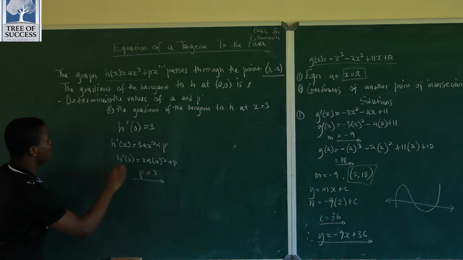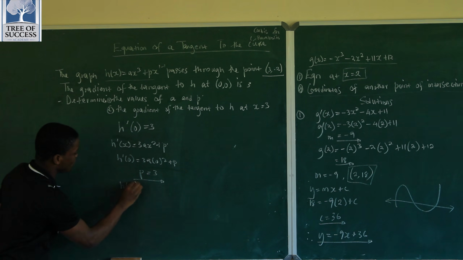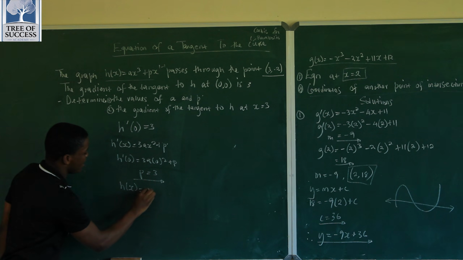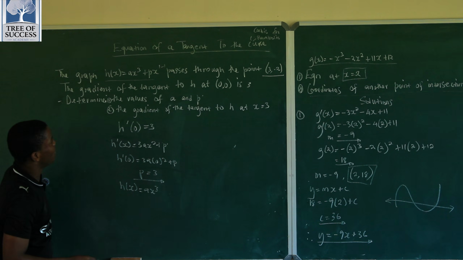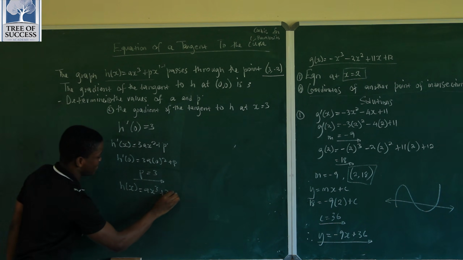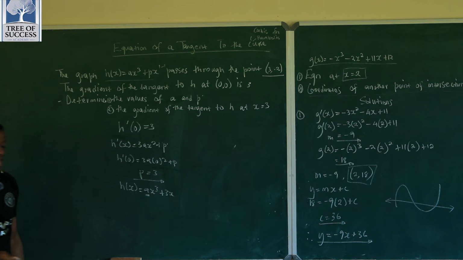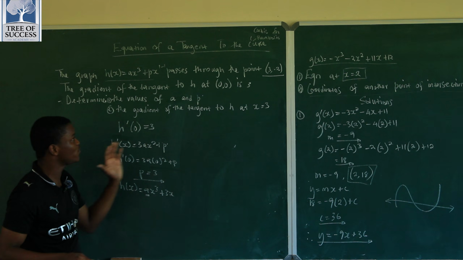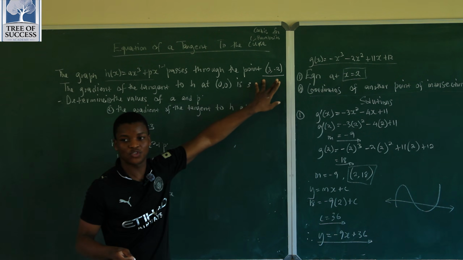Alright, so now we have the value of p, isn't it? So now our equation, we can write it as h of x equals ax cubed plus px, and our p is 3, so we can say plus 3x. Now we want a, right? We're given a point. This graph passes through the point (3, -2), right?